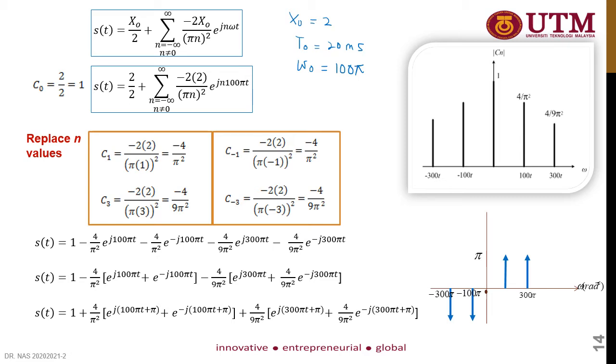So from the general equation, C0 plus summation of Cn e^(jn omega t), you can replace your omega with 100 pi, then replace x naught with 2. And then you just need to calculate Cn based on the n values.